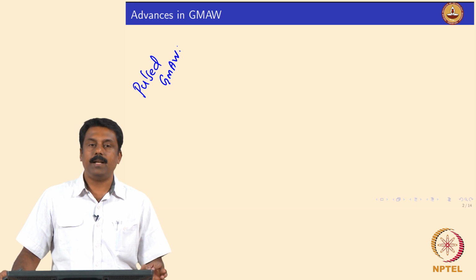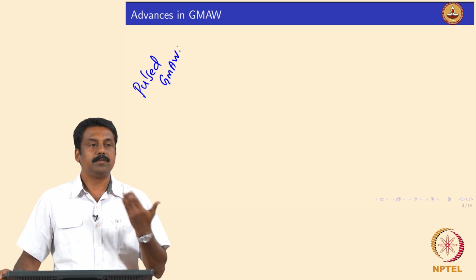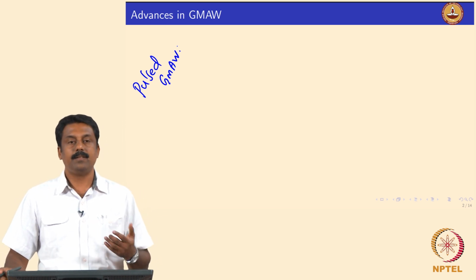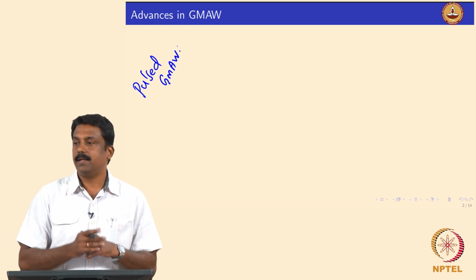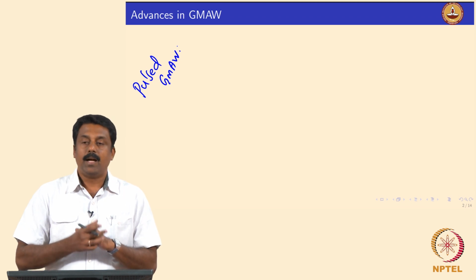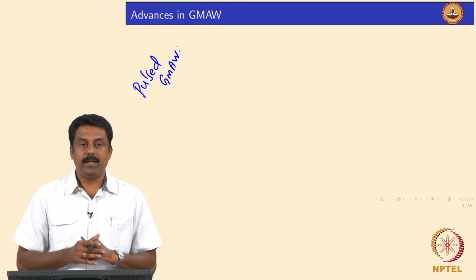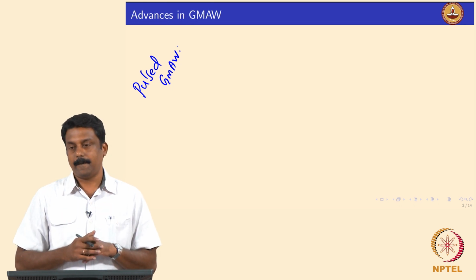So, in a constant current GMAW, we will have to increase our current above spray transition to achieve this kind of spray transfer which we require for stable GMAW. The same transfer can also be achieved, instead of using a constant current, by using a pulsed current.